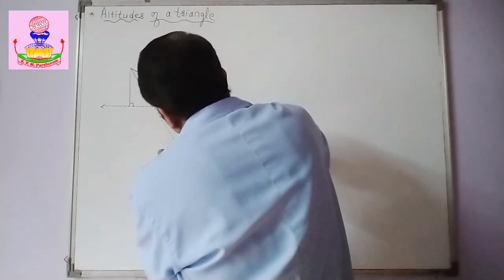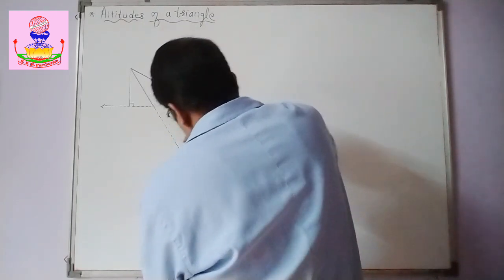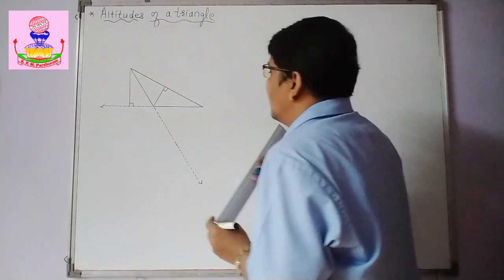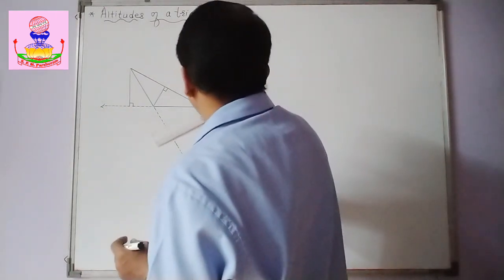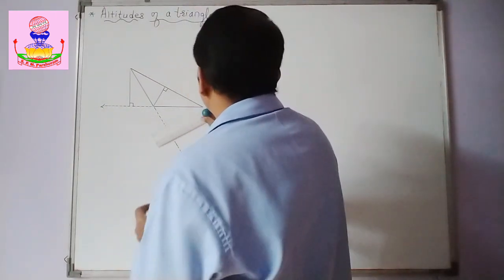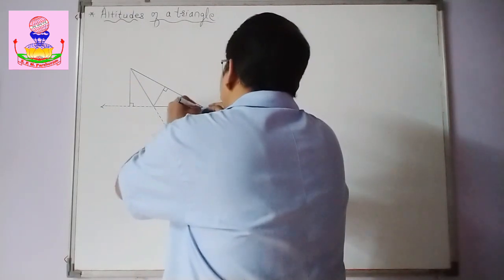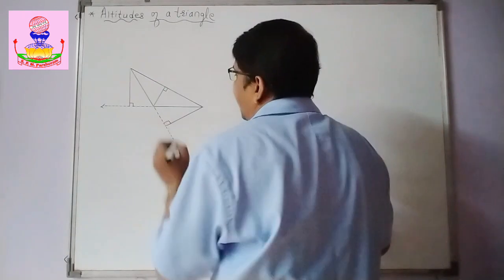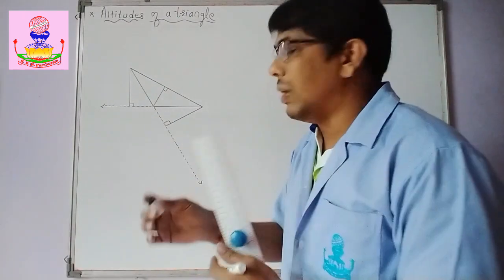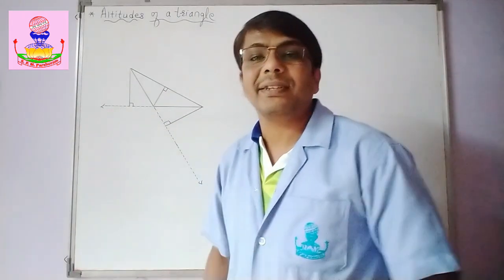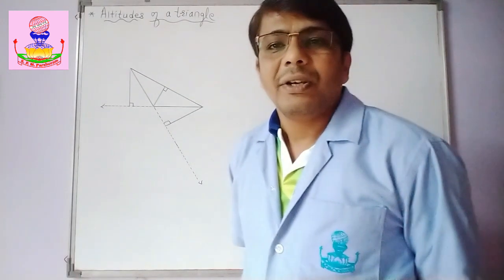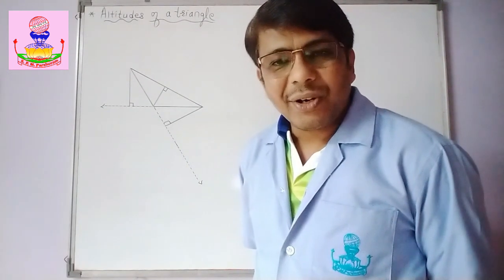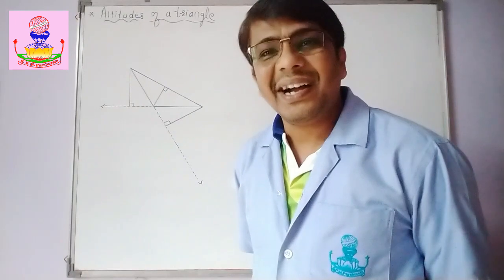With dotted lines, we are supposed to show the extended side. Okay. Now, this is going to be 90 degree, right? So it is here. Okay. So here it makes the 90 degree. Now you can see two altitudes are outside the triangle and one is inside.